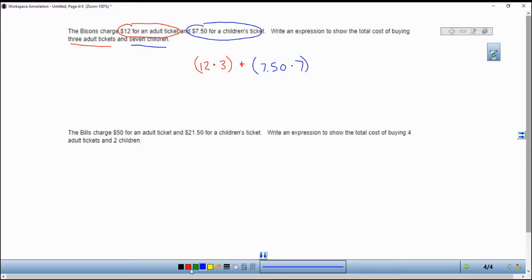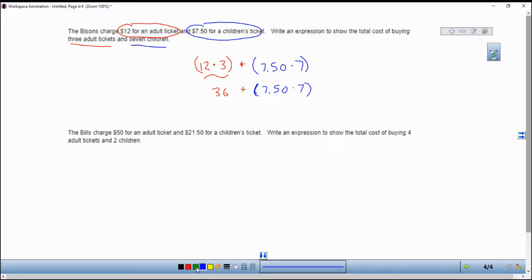So there's our expression, and then to evaluate it, we would do 12 times 3, which is 36, plus whatever 7.50 times 7. Well, I know that 7 times 7 is 49, and then a half of 7 is 3.50.